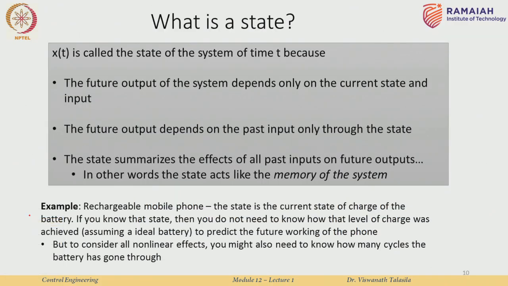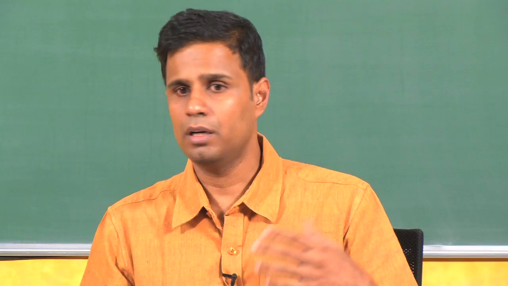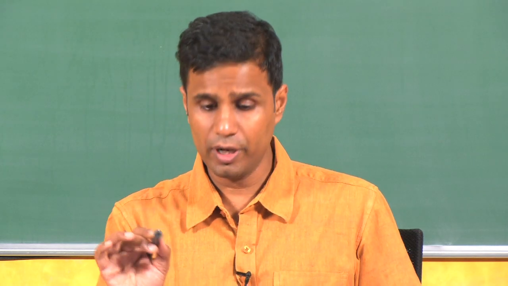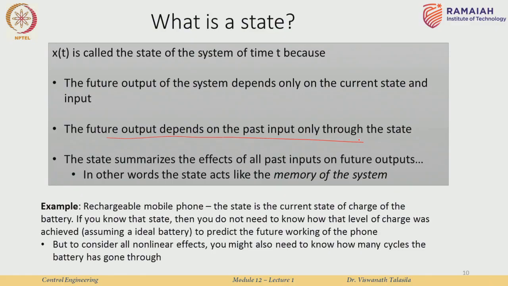In other words, it also means the future output depends on the past input only through the state and not through any other parameter. Of course, this assumes you have done a good job at the modeling and you have not left out any variables or you do not have unmodeled dynamics. As long as you take care of that, the future output depends on the past input only through the state, all right.